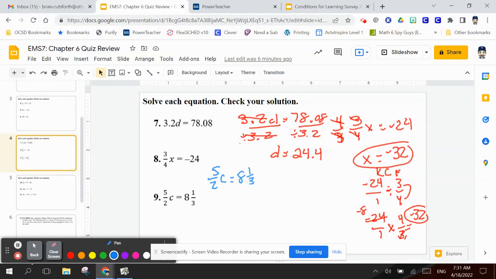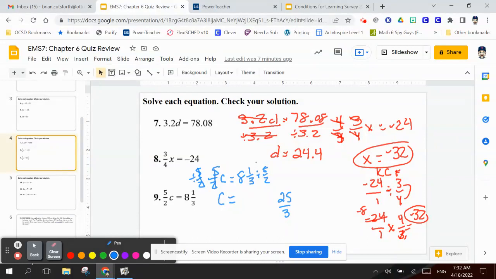So I have to divide each by 5 halves. 5 halves divided by 5 halves, those cancel each other out to get C equals 8 1/3 divided by 5 halves. So I take 8 times 3, which is 24, plus 1 is 25. 25/3. I just simply made that an improper fraction.